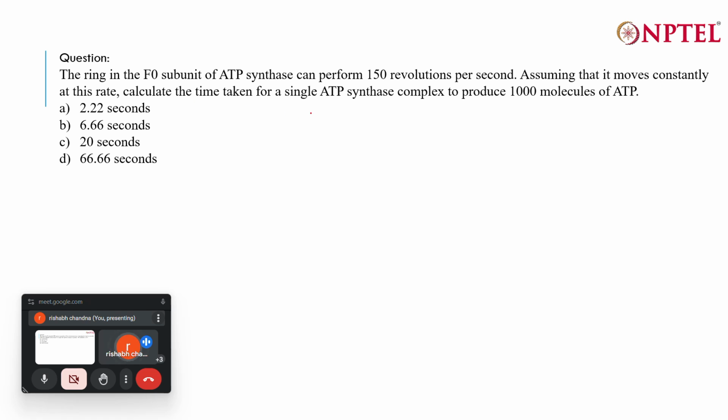So the first thing that you must know is that for one revolution in the F naught, three ATP molecules are formed. That means for one ATP molecule, 1 by 3 revolutions are needed.